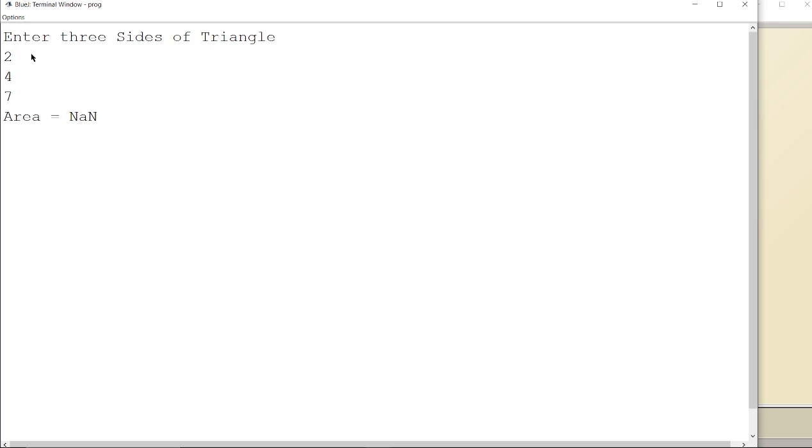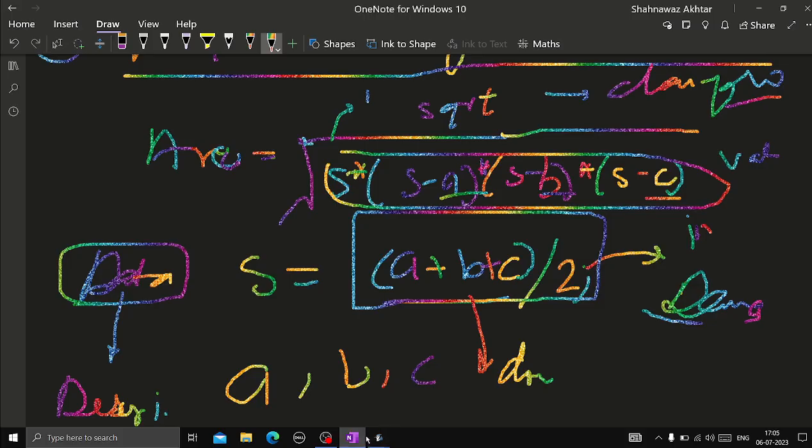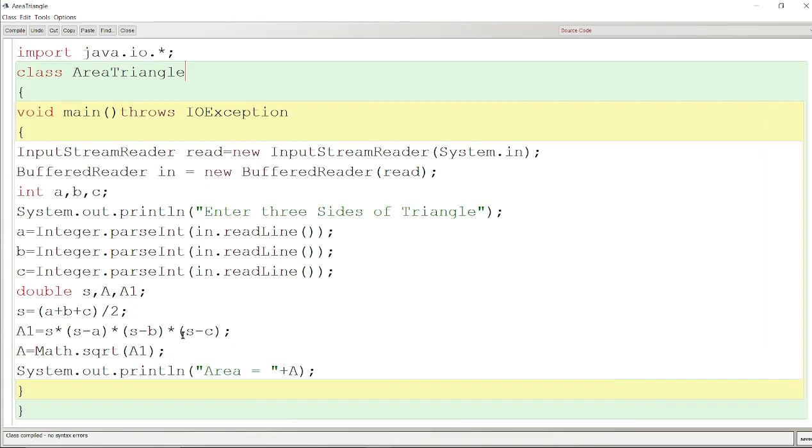Now area is not a number, because I think we had made some calculation errors. What it can be? I think there should not be any error, but if there is, then what is it? I think we are taking wrong inputs.